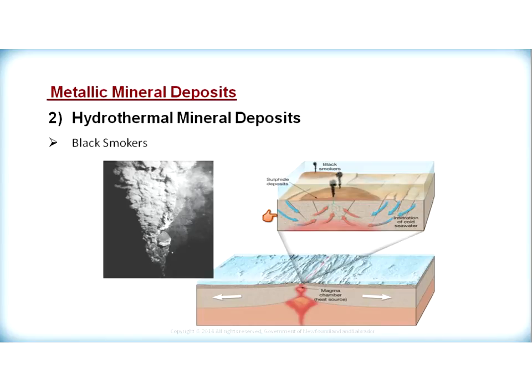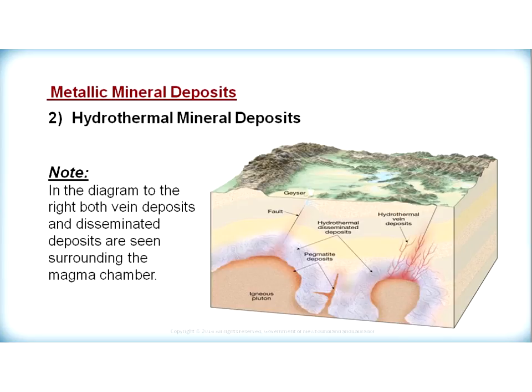This water warms as it gets closer to the magma, dissolves metals, and as it migrates back to the surface, it precipitates the minerals in fractures, forming again hydrothermal mineral deposits in veins, or they can be widespread throughout the magma that flows onto the ocean floor and would then become disseminated mineral deposits. So note, in the diagram to the right, both vein deposits and disseminated deposits are seen.